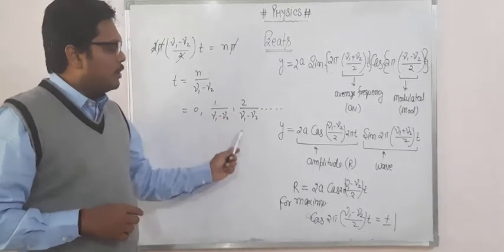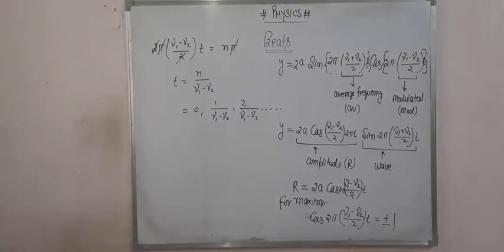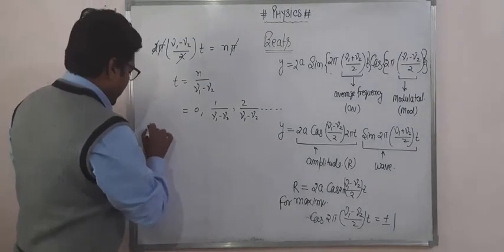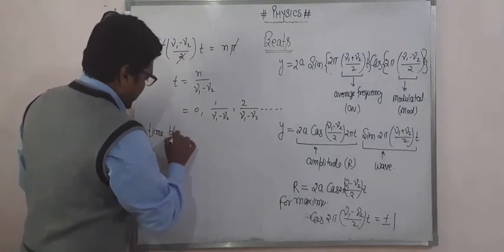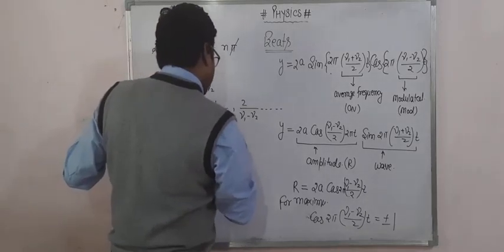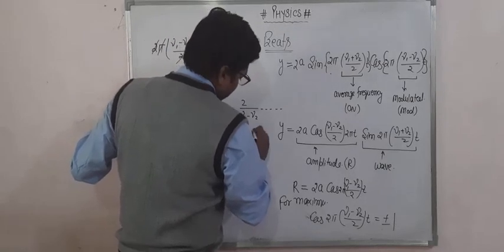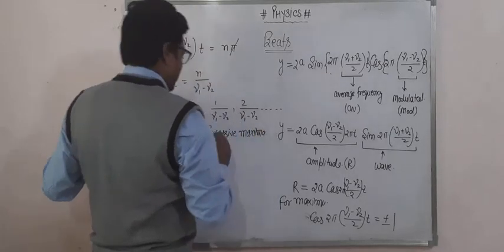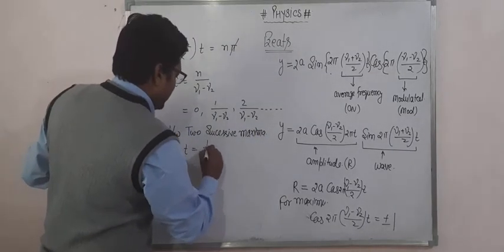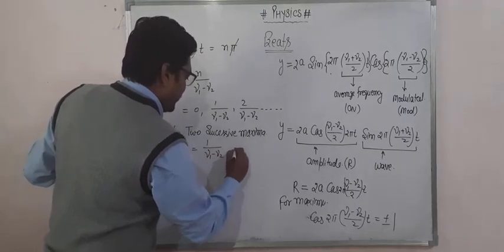I have moved away from there. So the time interval between two successive maxima is 1 upon (nu1 minus nu2). Make it equation A.